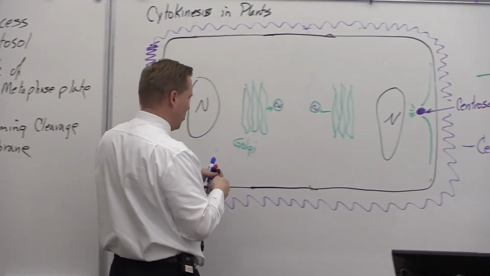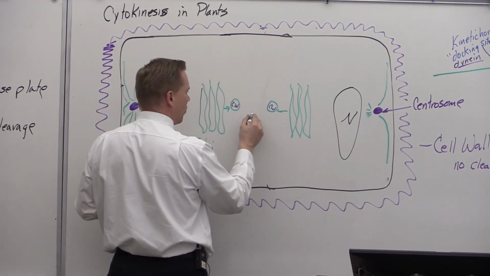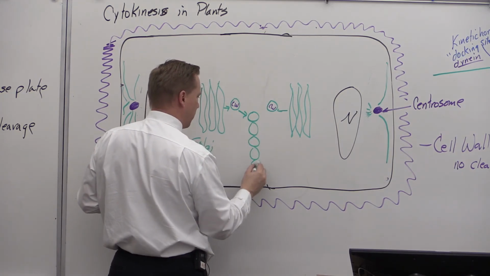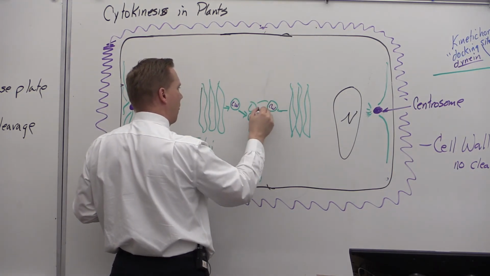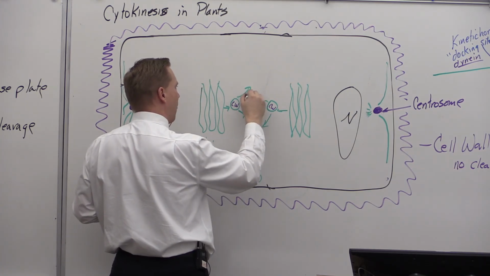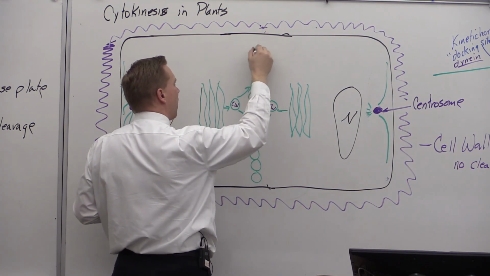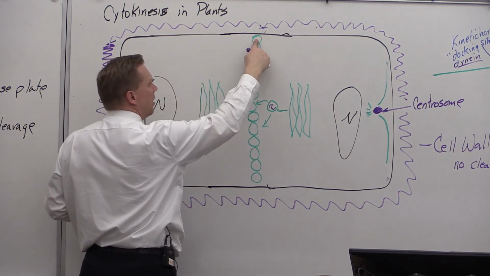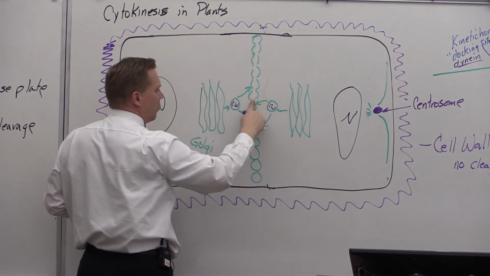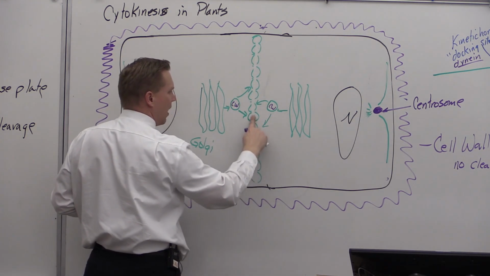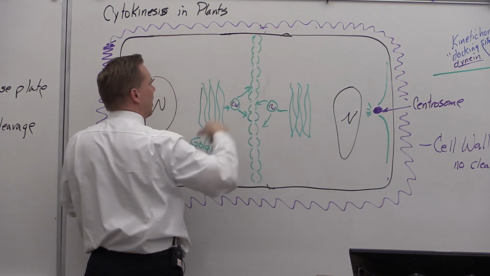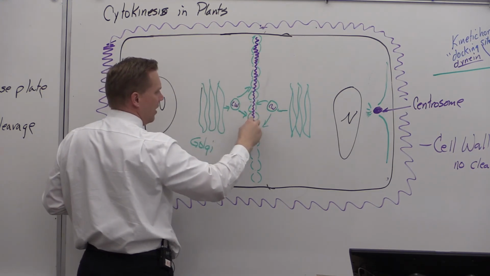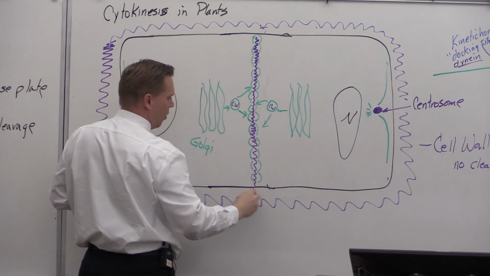And so the Golgi will excrete these, and then these components sort of end up lining along the midplate. And then these vesicles all start to fuse together. Remember that they have those cell wall components. And so in situ, they sort of build a new cell wall.